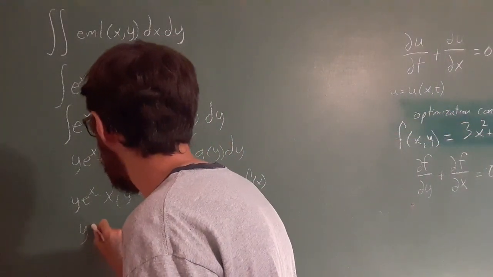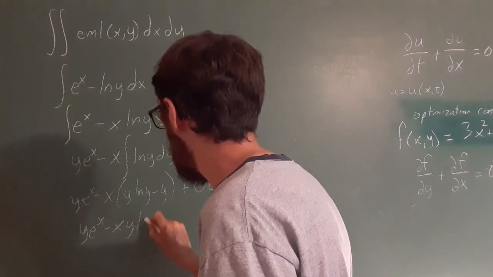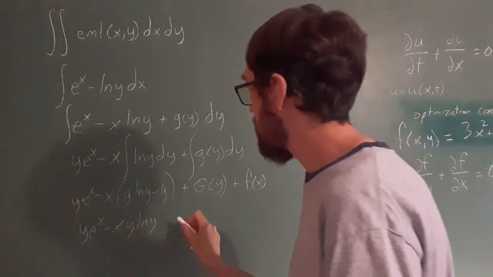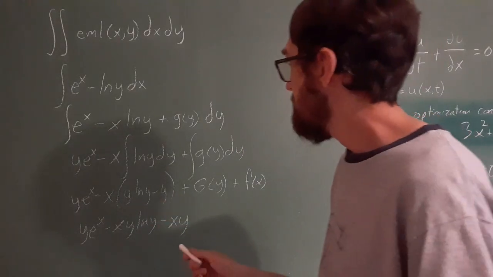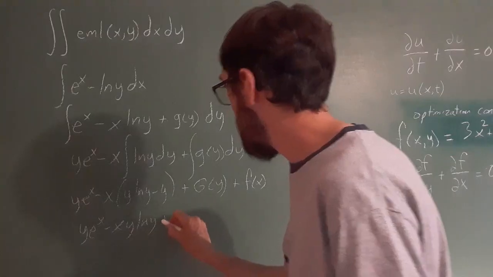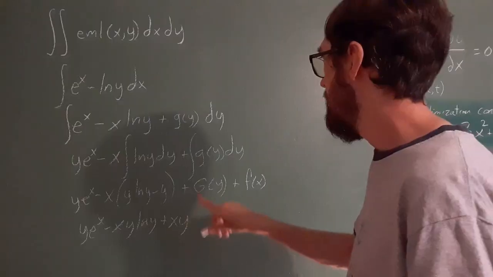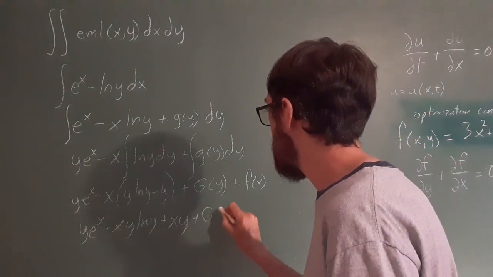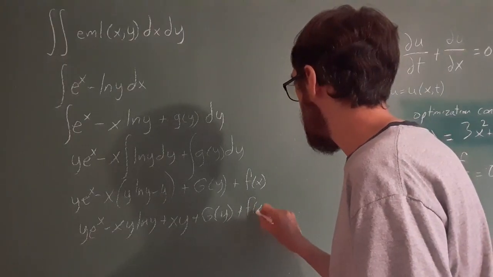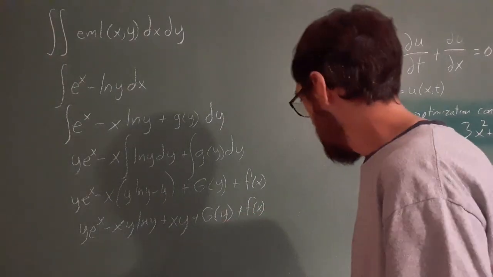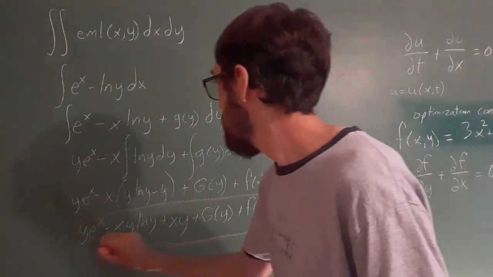So we're going to have y e to the x minus xy log y, that's all one term, minus xy, positive, bringing the negative through, double negatives make it positive, and then plus big G of y plus f of x. So we end the process with this.